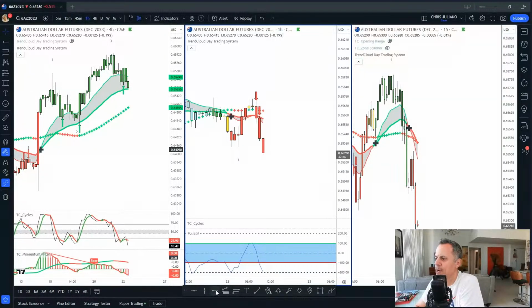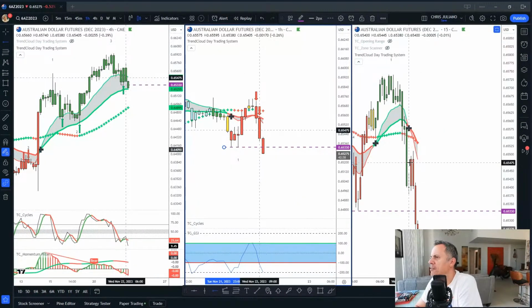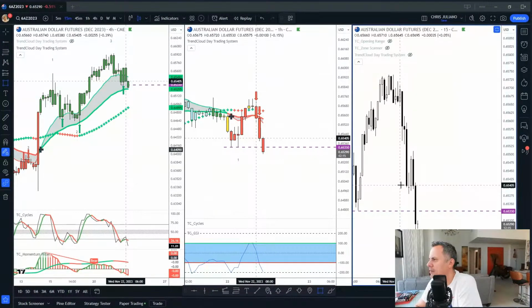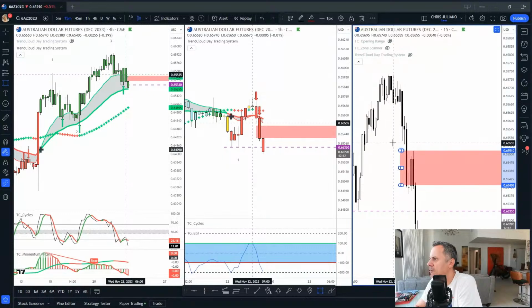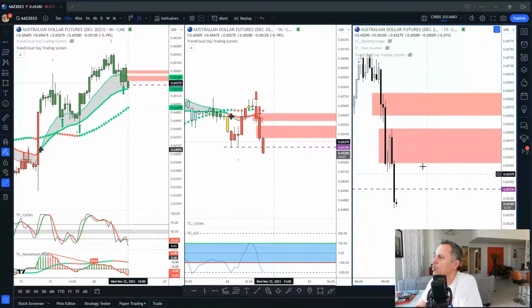We've broken through structure right here. Where's the next move? Well, we can see that we've got that TrendCloud component here, and here's the drop base drop. This is just a rally and a drop, or you can look at it as drop, base, base, base, drop. You can look at it like this, or you can take this here. Which one is it going to hit?